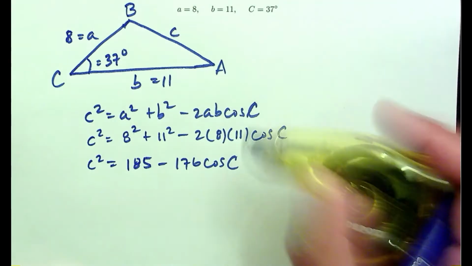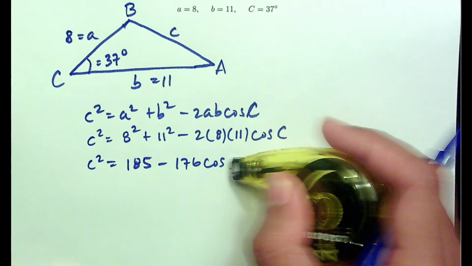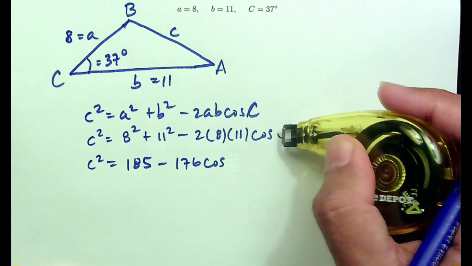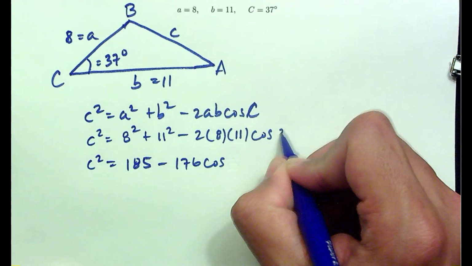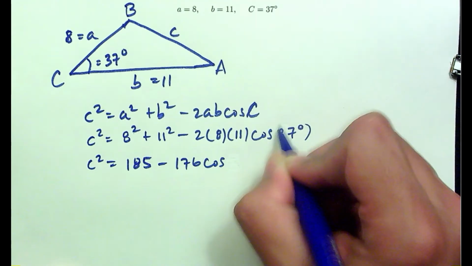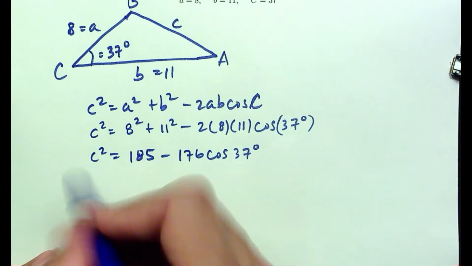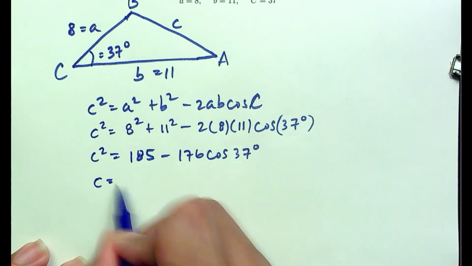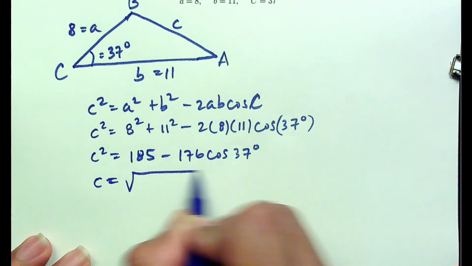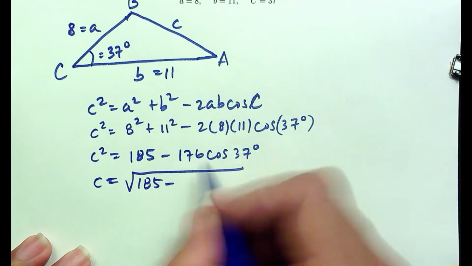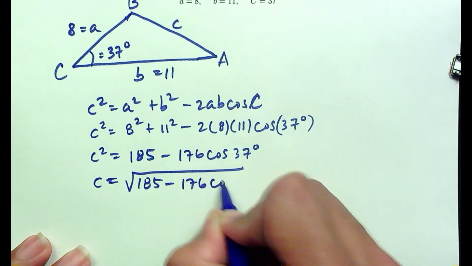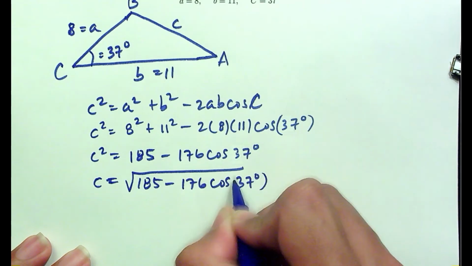Now we're at the point where we could have just written 37 degrees. Okay, so c would be the square root of 185 minus 176 cosine of 37 degrees.